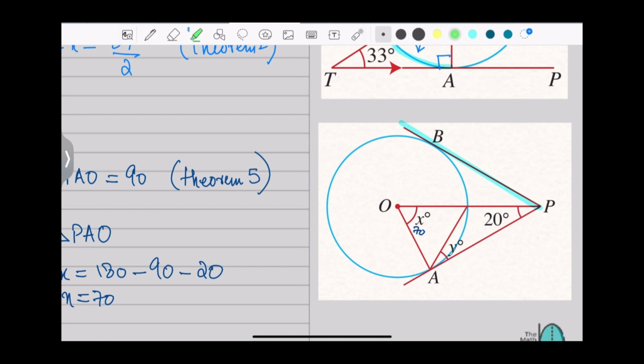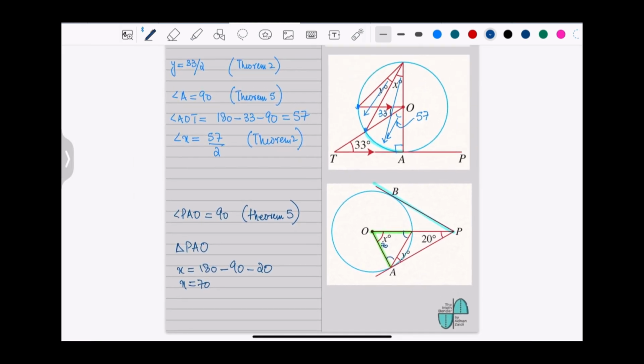see that O till this point and O till A, they are radii. So this angle is equal to this angle. So in that triangle, I can say 180 minus 70, which is equal to 110.